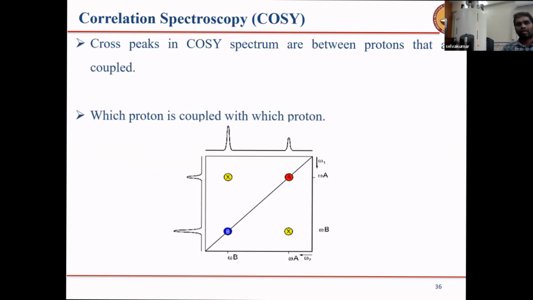See, this is a simple COSY example. Cross peaks in a COSY spectrum are between the protons that are coupled. See here, these two protons are coupled. It means these two protons are attached to adjacent carbons. We will get the cross peaks like this. It will give the information about which proton is coupled with which proton.